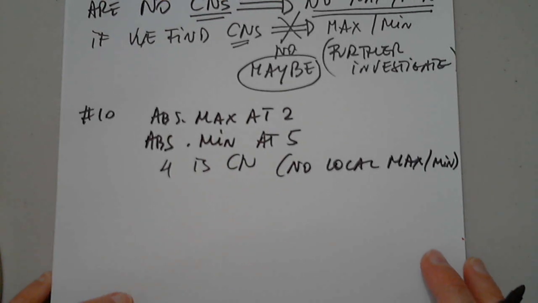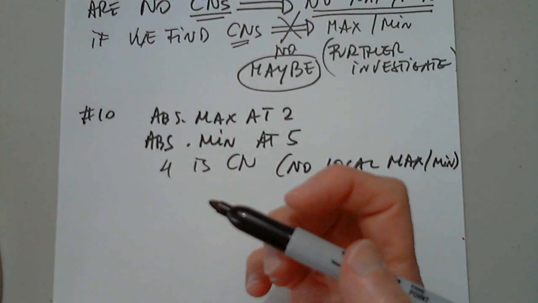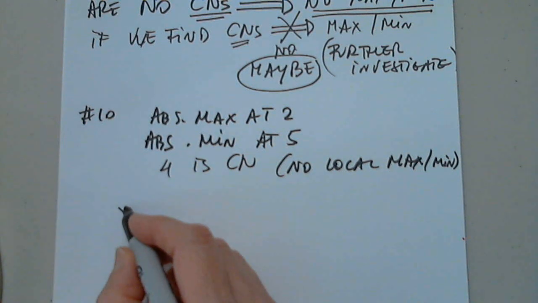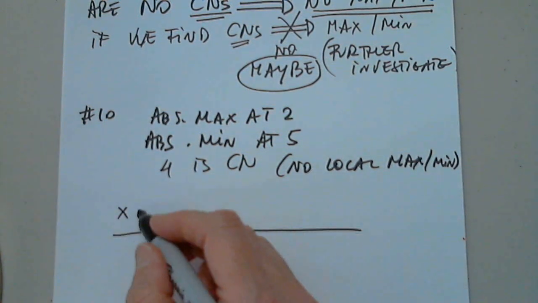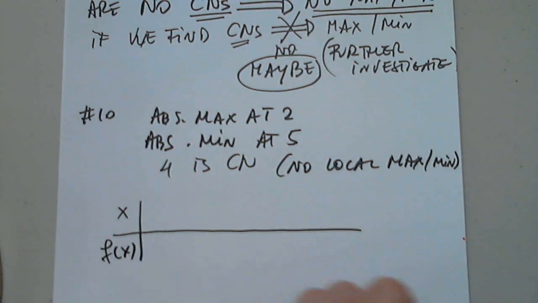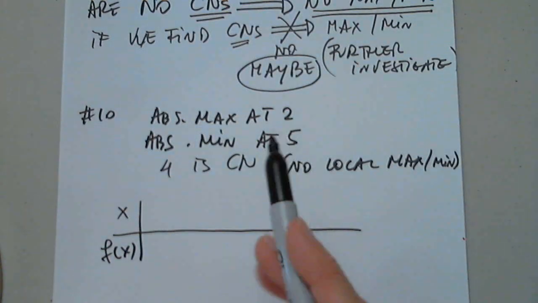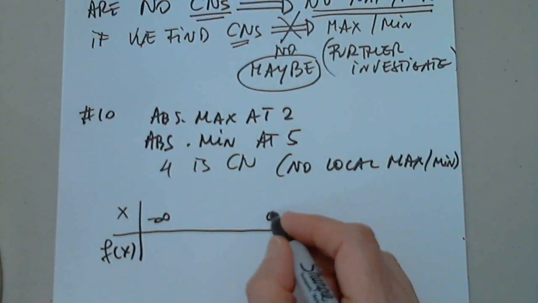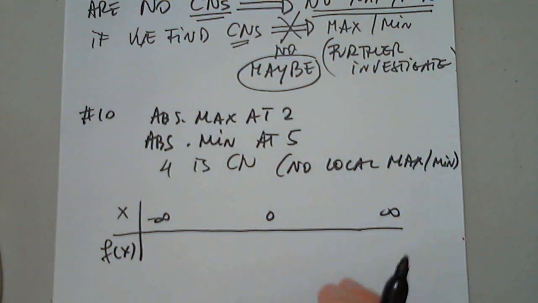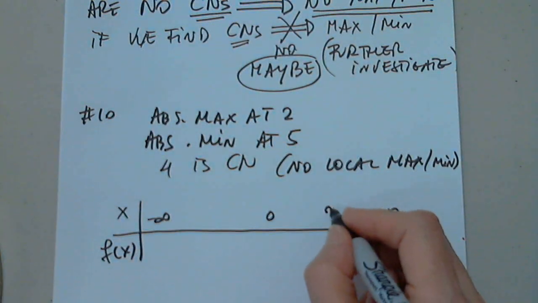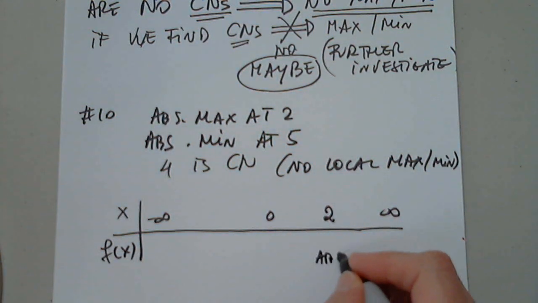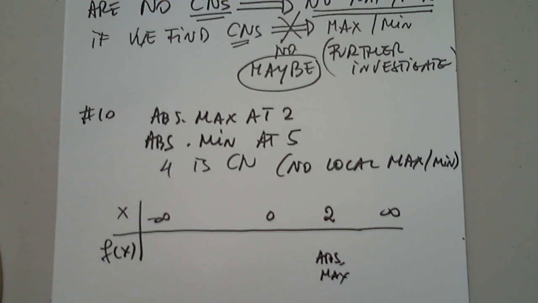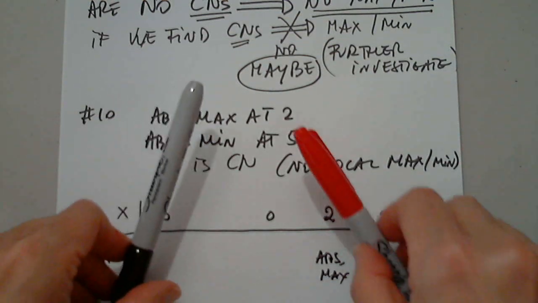Okay, so let's see how we analyze this. You know me, I like to summarize everything in a table. So this is negative infinity, 0 is somewhere in the middle, and infinity. So absolute maximum at 2. Remember what we just discussed.